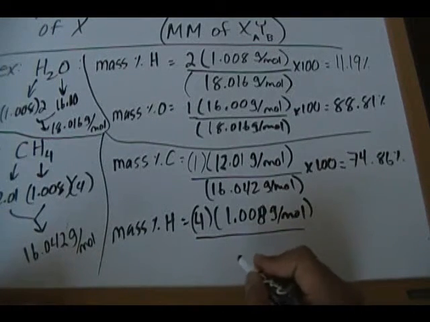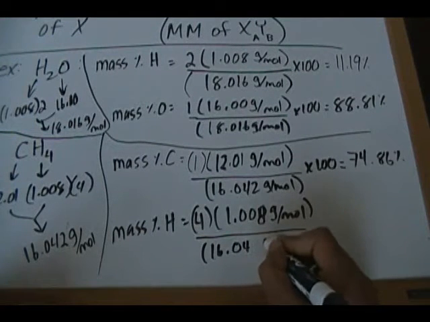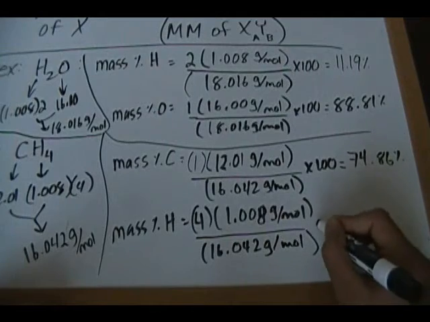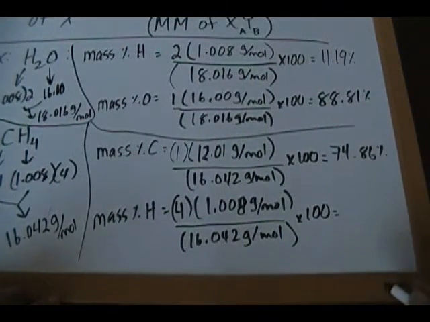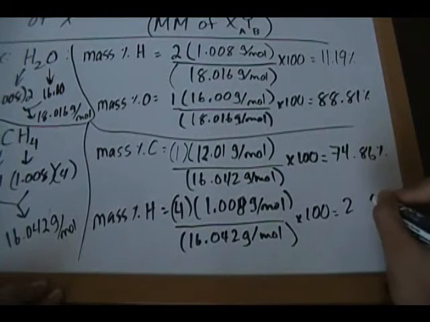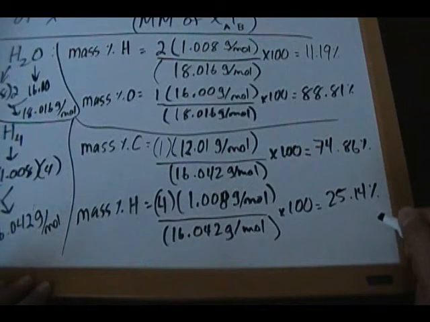So the molar mass of methane again is 16.042 grams per mole, times it by 100, and crank this out on your calculator, I get an answer that is 25.14%, and that's specifically for hydrogen.